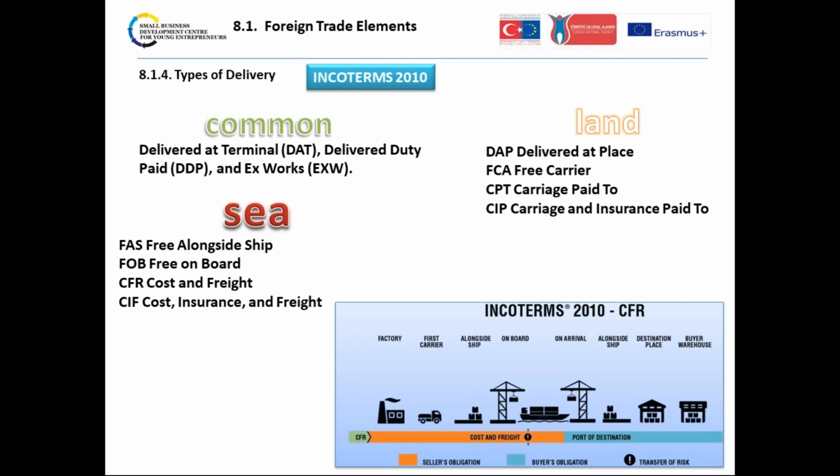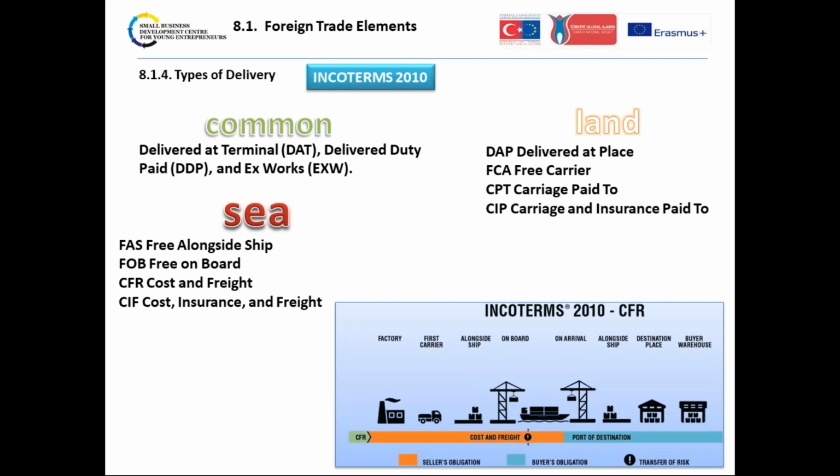And let's check the land transportation. Mainly there are 4 types: DAP, FCA, CPT, CIP. So if you are going to make your export with transportation on the land, on the highways, roads, you need to use these delivery types.